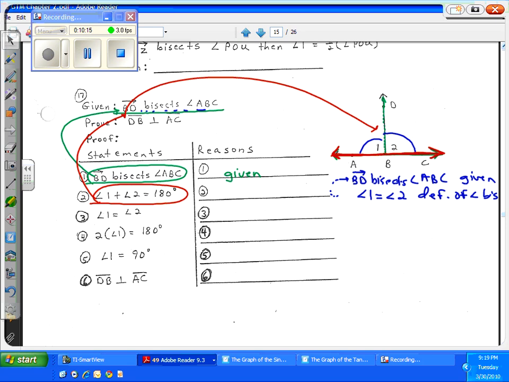That's acceptable to me, and I know a lot of textbooks and a lot of instructors would also be okay with definition of a linear pair because you see with your eyeballs in the picture that they're a linear pair. So definition of a straight angle, or also acceptable to lots is definition of a linear pair.